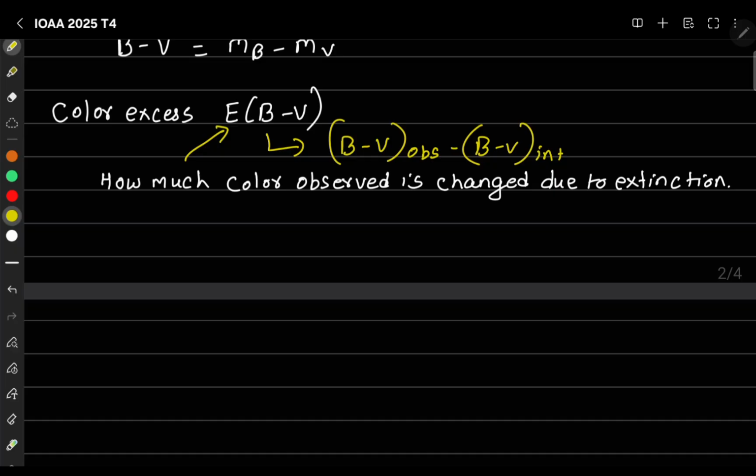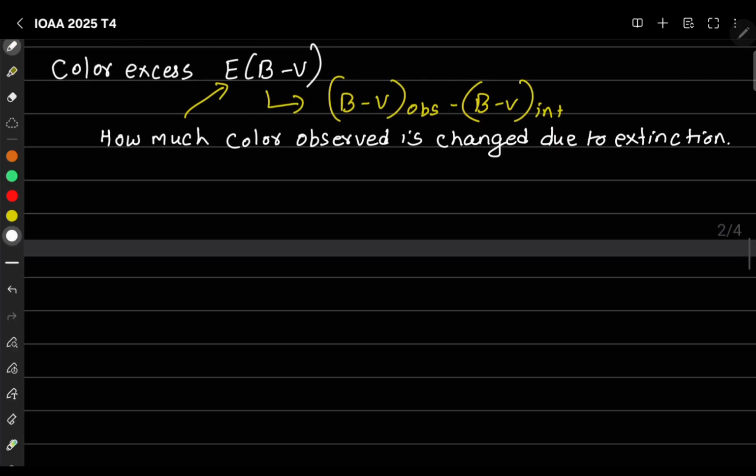If I'm observing a star and there is no ISM present, like space is empty, I get a color index of B minus V which is intrinsic.